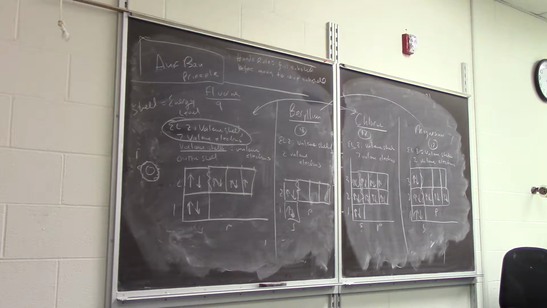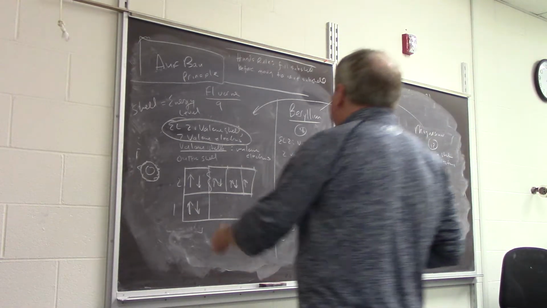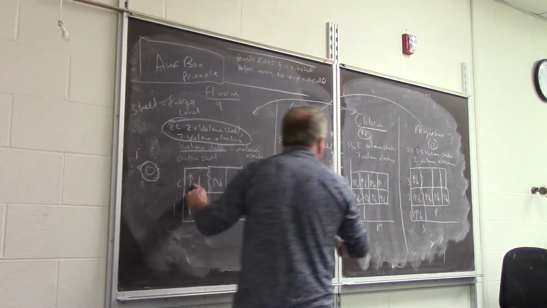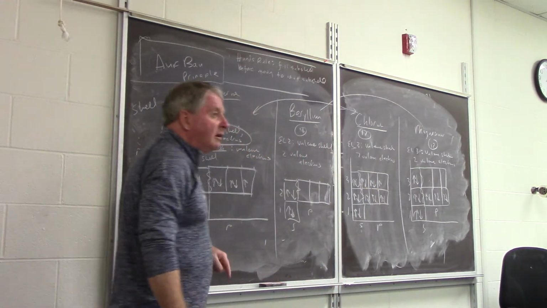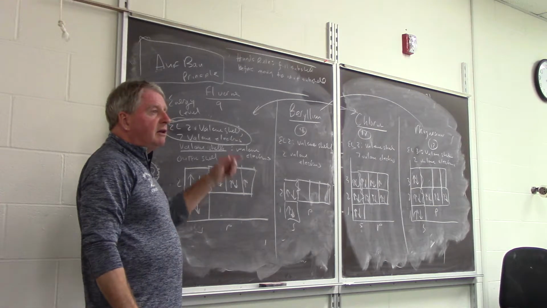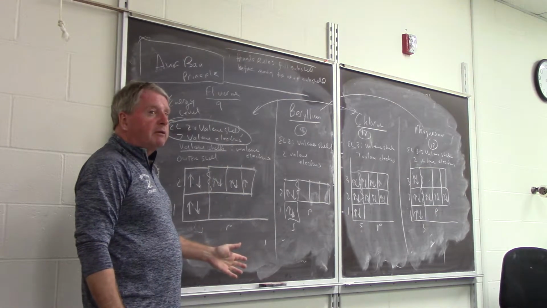He put the elements in columns according to their properties. So the elements that are in the same column have very similar properties. If you notice that fluorine and chlorine both have the same number of valence electrons, okay, and they have similar chemical properties.